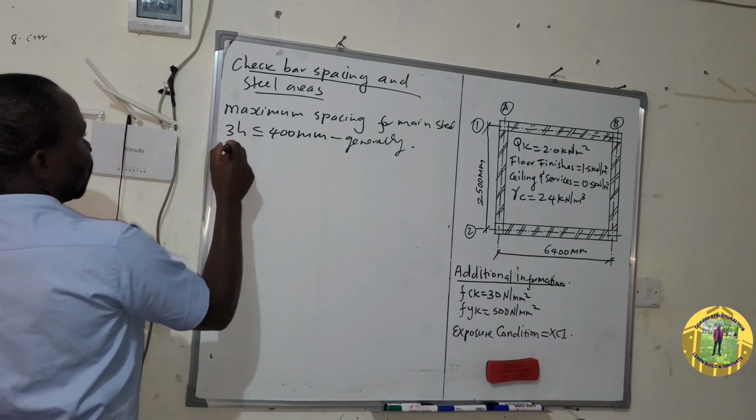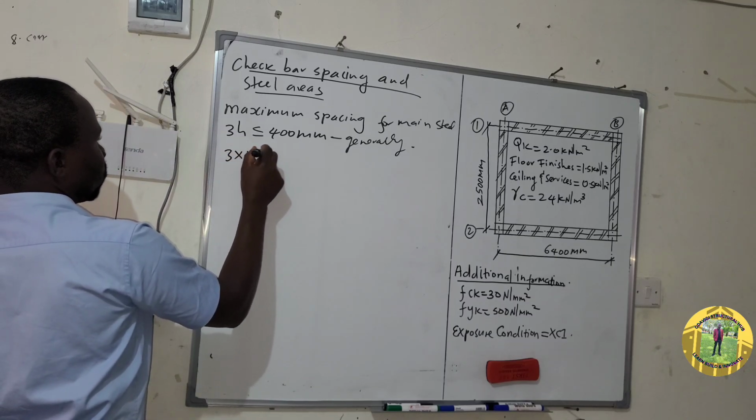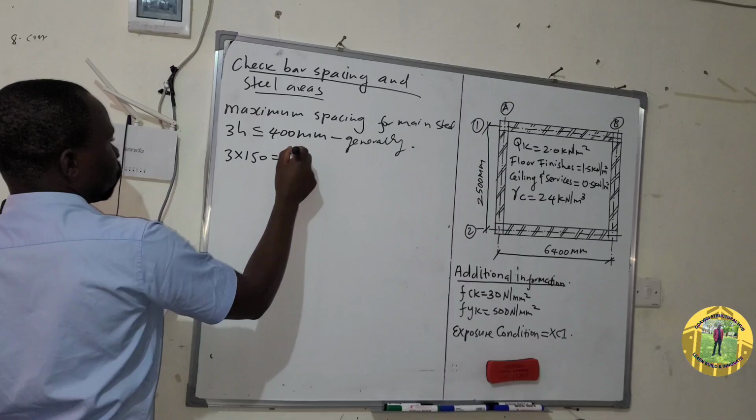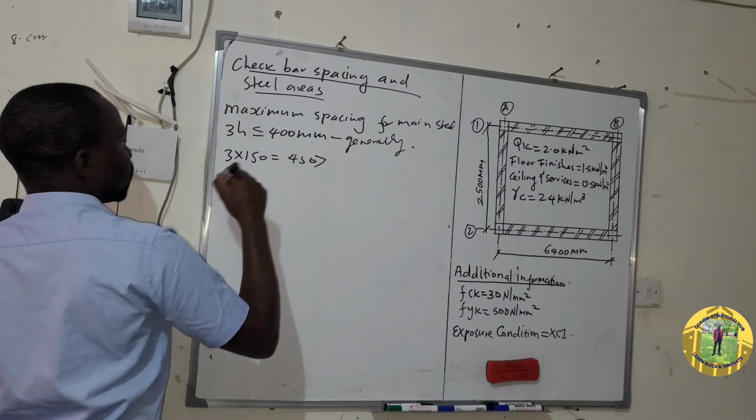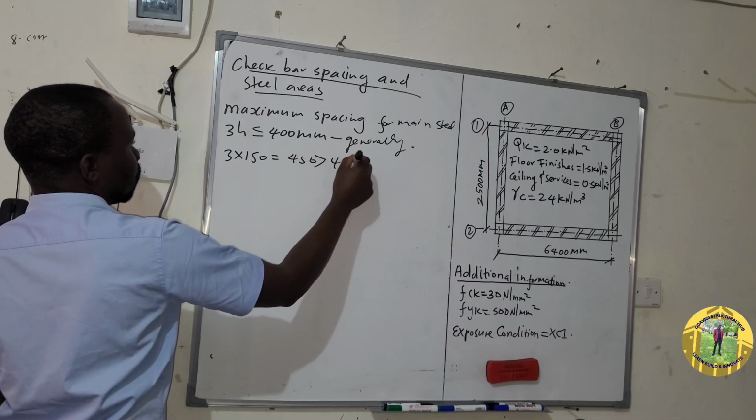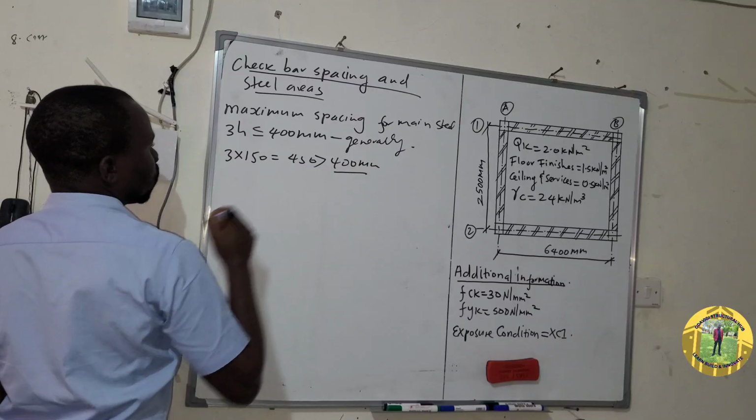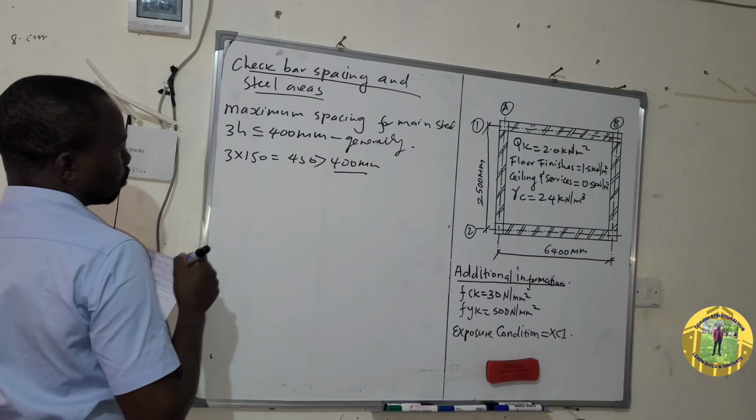So let's check 3 times 150, which is equal to 450. So this one is greater than 400 millimeters, so we'll use 400 millimeters as our maximum.